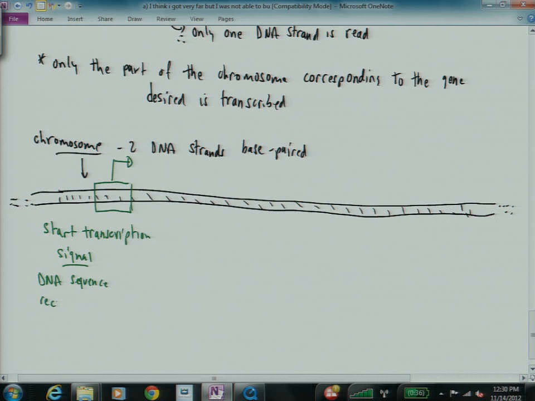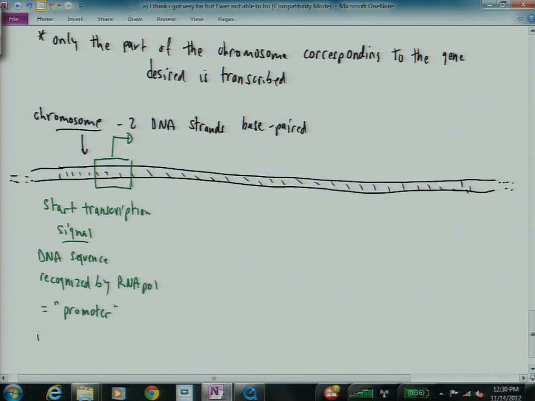It's called a promoter. And in GeneX, it's TATAA, ATATT. That's its sequence. So let me back up and explain a bunch of pieces here.